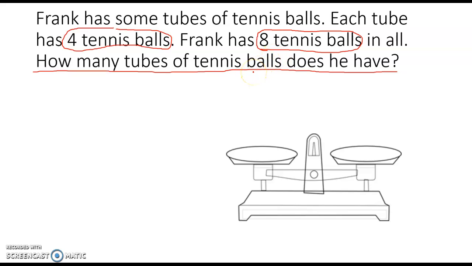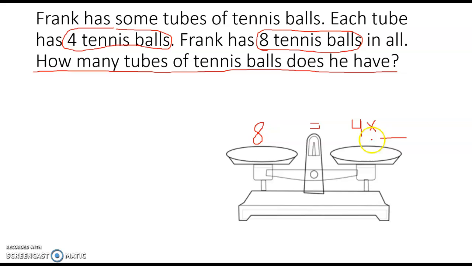So, if his total is 8, and there's 4 in each tube, we need to figure out how many tubes he has. So take a look at my equation. I do have a missing number.